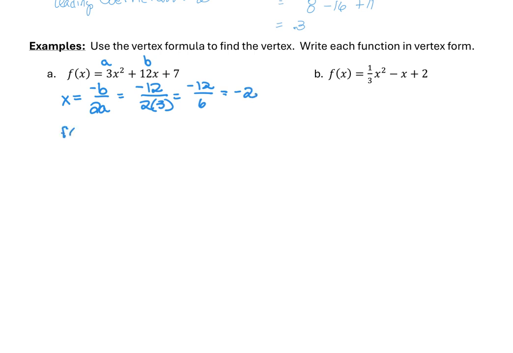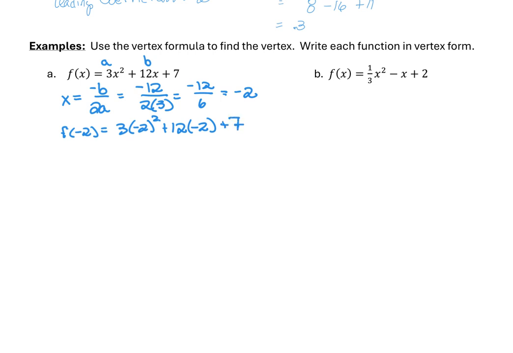All right, we want to plug this into our function. So when we do this, we have f of negative 2 is equal to 3 times negative 2 squared plus 12 times negative 2 plus 7.